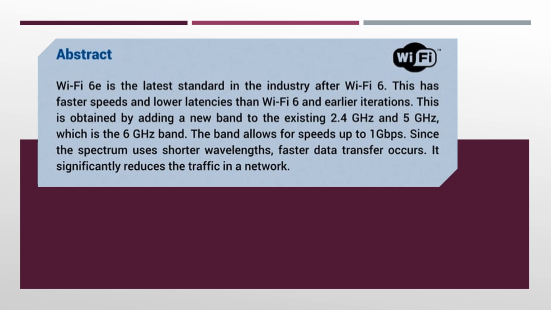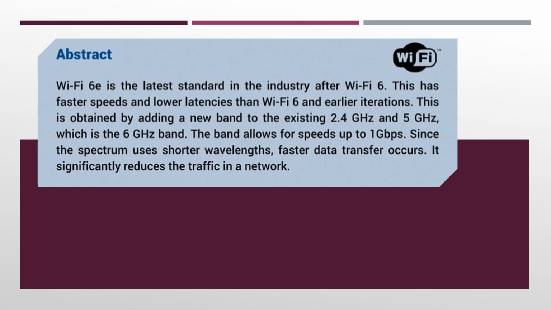This has faster speed and lower latencies than Wi-Fi 6 and the earlier iterations. This is obtained by adding a new band to the existing 2.4 GHz and 5 GHz, which is 6 GHz. That means we are adding another band, 6 GHz.